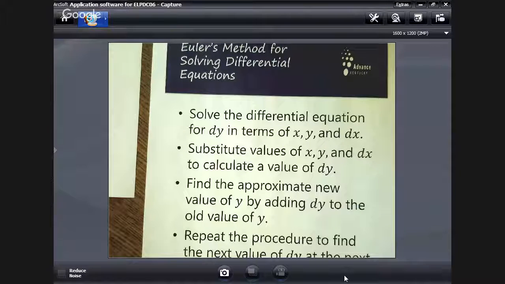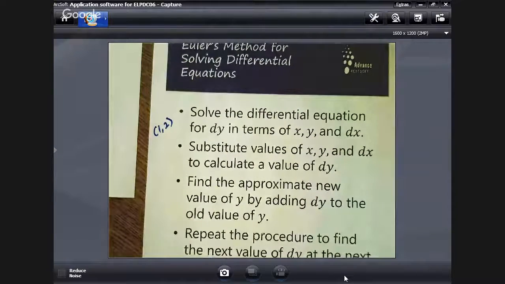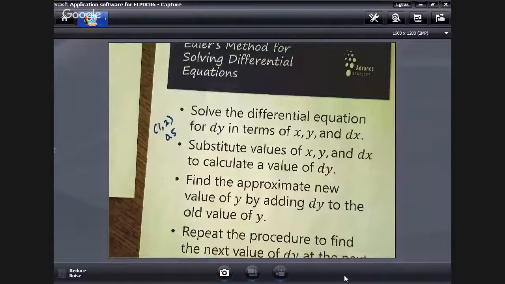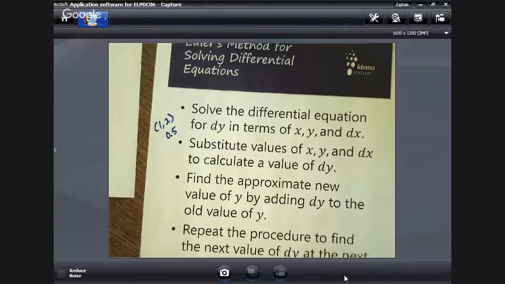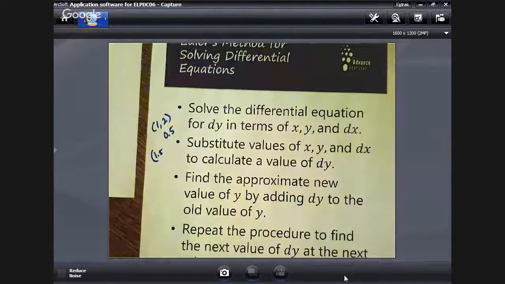Let me slow this down a little bit. You start out with some initial point. Let's say it's (1, 2), then that's your x and y. And if dx is, say, 0.5, then to find the y value for the new x value, which would be 1.5, because that's x plus dx, you have to figure out what dy is, because dy is how much you change.